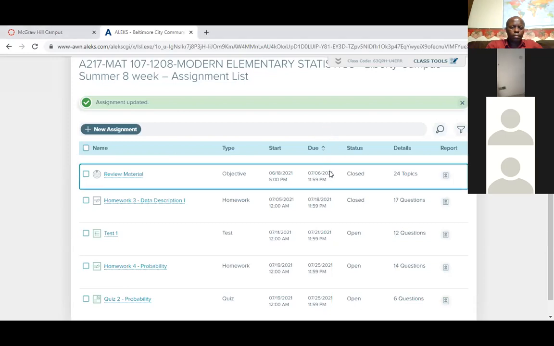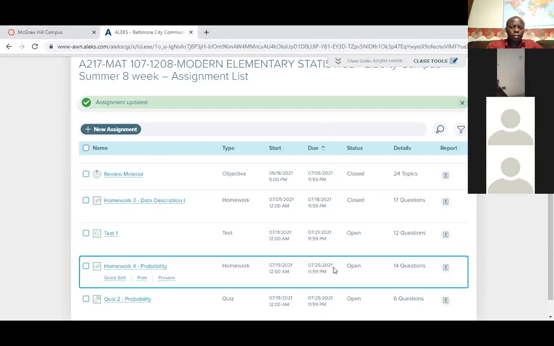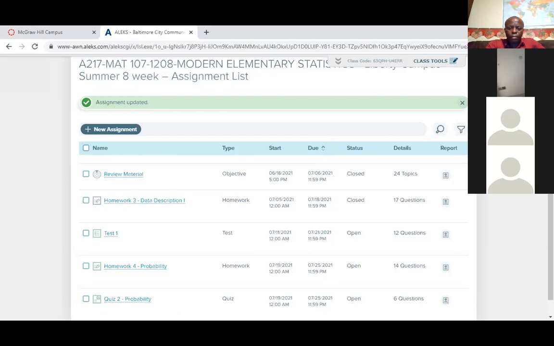If I could show you from my computer, I would. It's still not working for me. Let me share my screen. It says the host disabled participant screen sharing. Can I share my screen, Professor?